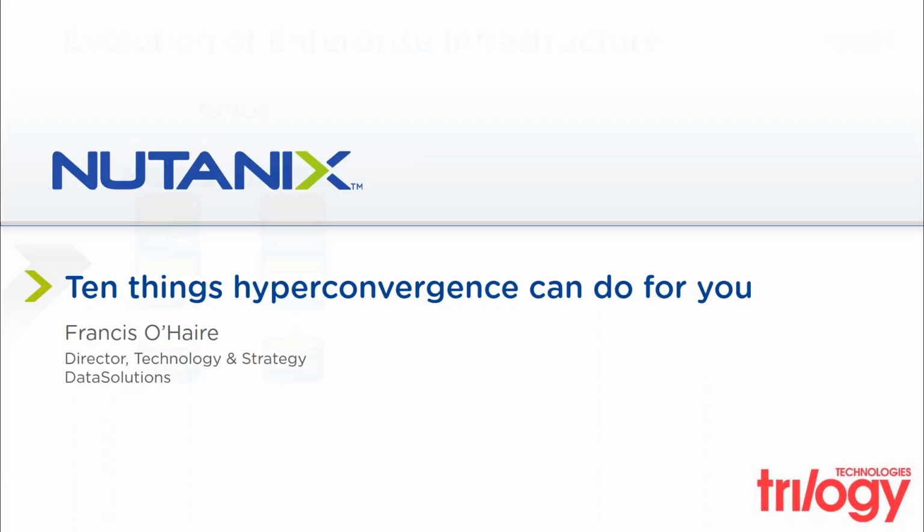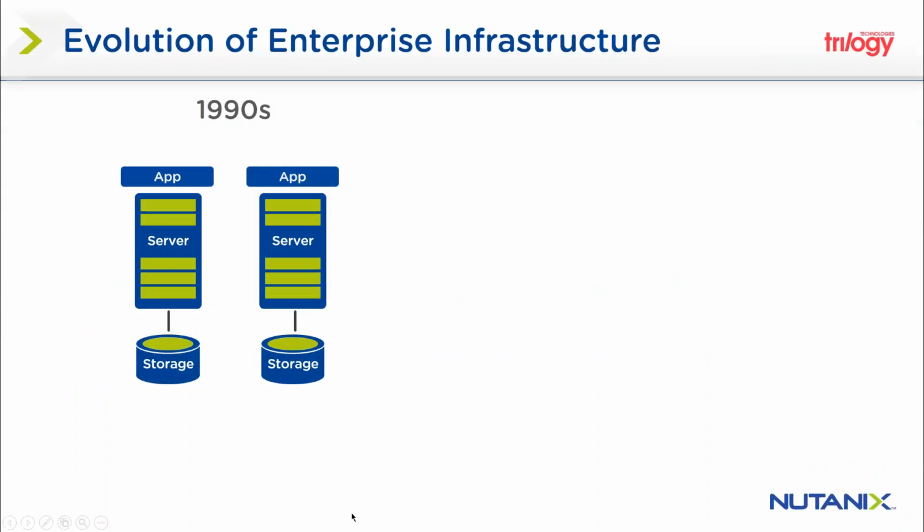So if we step back just a little bit, which we usually do in these types of webinars, to see really where the problems we're trying to solve have come from. If you think back certainly to when I was in IT initially in the 90s, everything was very much siloed.